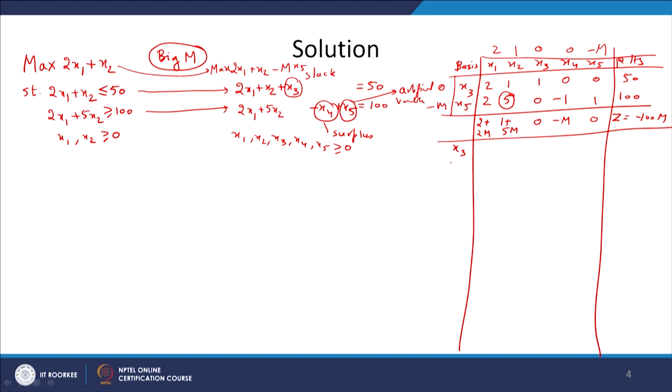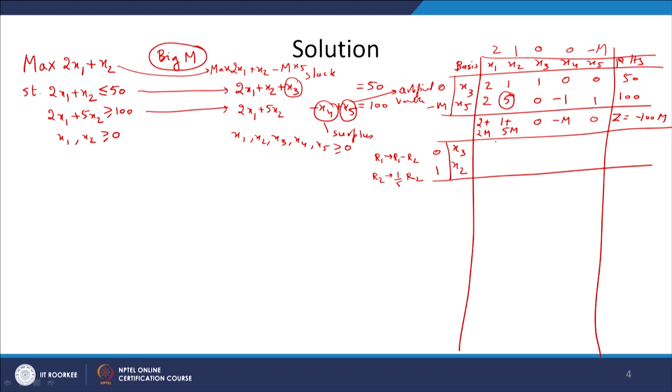So, the new basis becomes x3 and x2, and this again has to be rewritten using the elementary row operations. R1 should be replaced by R1 minus R2 and R2 should be replaced by 1 by 5 R2. So, what do we get?